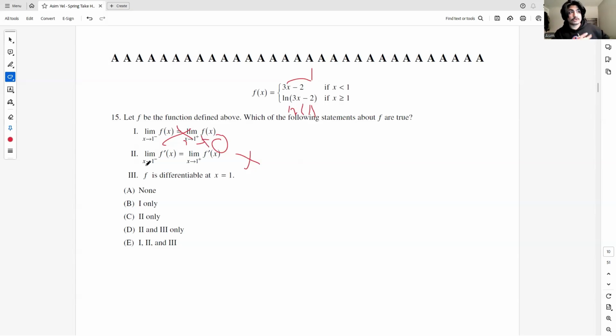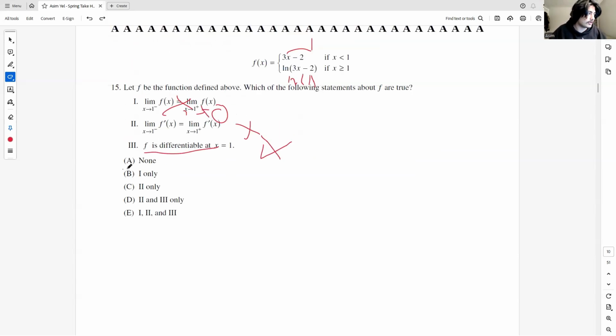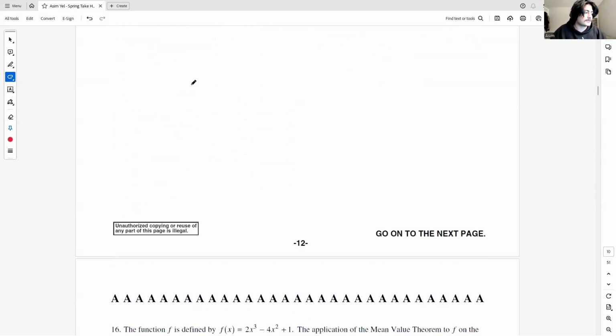In this case, at 1, we don't meet the same value, so we don't have a limit. If we don't have a limit, we cannot differentiate. So f is not differentiable at x equals 1 is the only true statement. No, it's not the true statement either, because that says f is differentiable. It's not differentiable, as I said. And over here, it's wrong because there's f prime. They're assuming it's differentiable, which is totally incorrect. So the answer choice is going to be A.